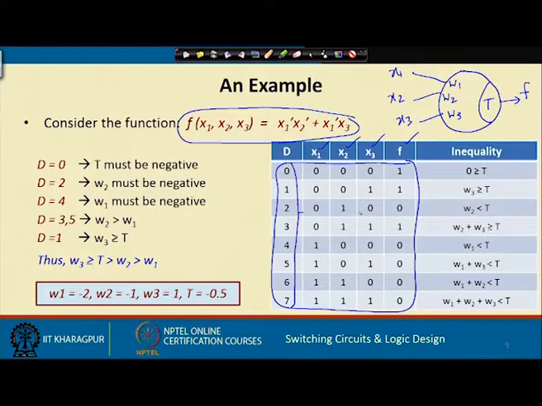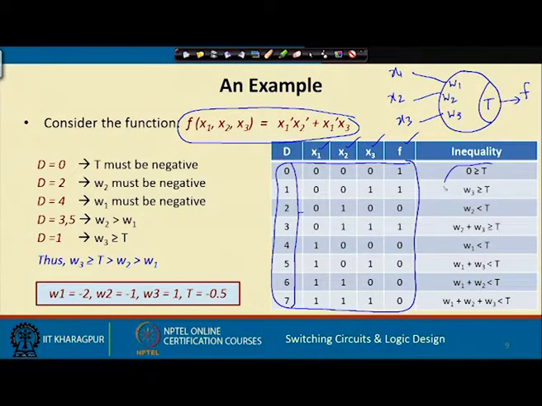So, W2 must be less than T, because the output is 0. Here both x2 and x3 are 1. So, W2 plus W3, the output is 1, should be greater than or equal to T. Here W1, the output is 0, less than T; W1 plus W3, 0, less than T; W1 plus W2, 0, again less than T; and for all 1, the output is 0. So, the sum also should be less than T.